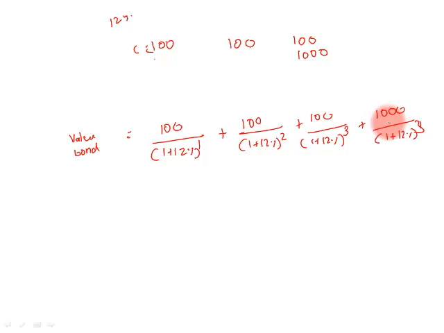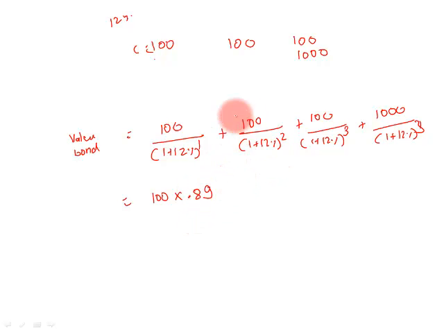Now instead of dividing by 1 plus 12% raised to 1, I can directly multiply with something called a discount factor. So how? Simply on your calculator, let's do it together. 1.12, which is nothing but 1 plus 12%, 1.12 inverse, 1 by x. So 100 into 0.89.